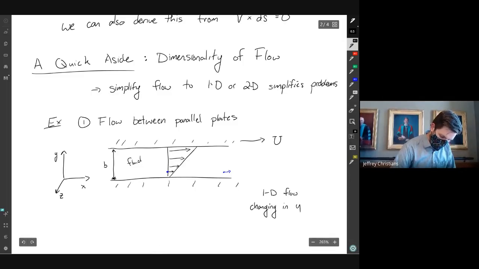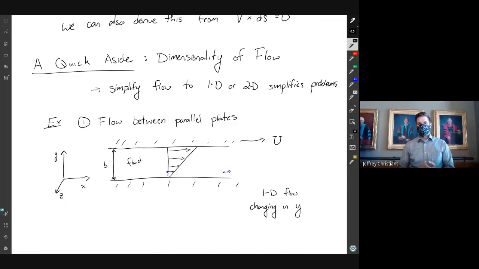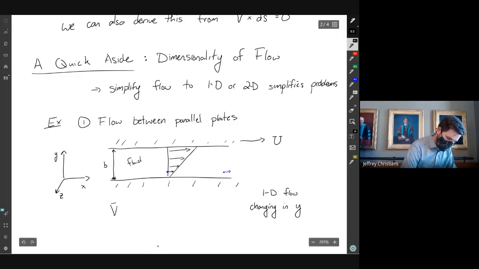changing in y. And we can actually write the mathematical equation for this. Our velocity field, and we'll be able to derive this later, but if we wanted to write what our velocity field is, it's big U y over b i hat.